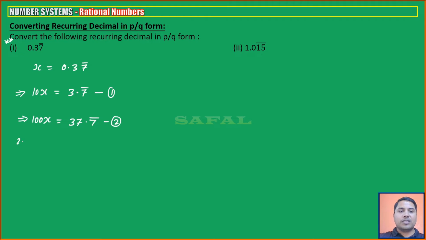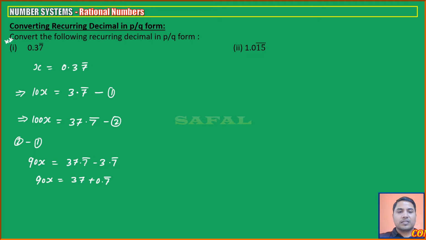So this I can call equation 2. Now what I'll do is subtract equation 1 from 2. So 100x minus 10x is 90x. Now here I'll have 37.7 bar minus 3.7 bar. To visualize, you can write it as 37 plus 0.7 bar, so the first part I am writing in two parts.